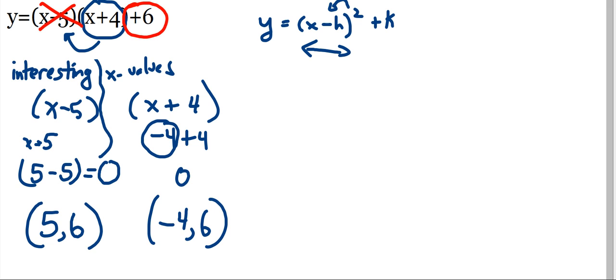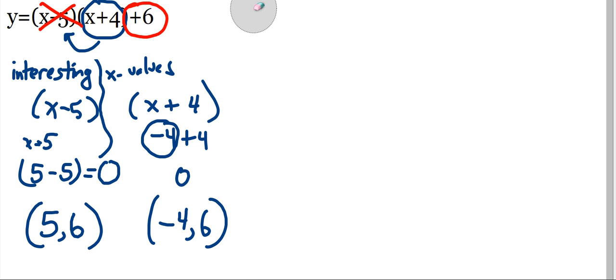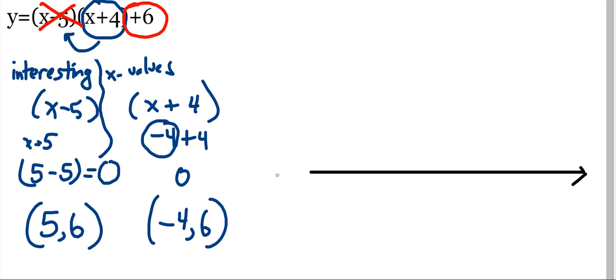Let's take a look at what that could look like on a graph. Alright, let me just grab a little bit of an axis here. Black is always not terribly bad for an axis. Alright, let's just do some drawing. Okay, so when x is 5, this is where I'm going to look, and then negative 4. Negative 4 and 5 are kind of important.